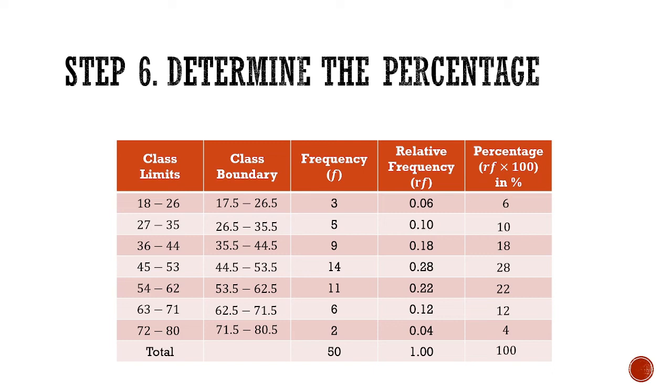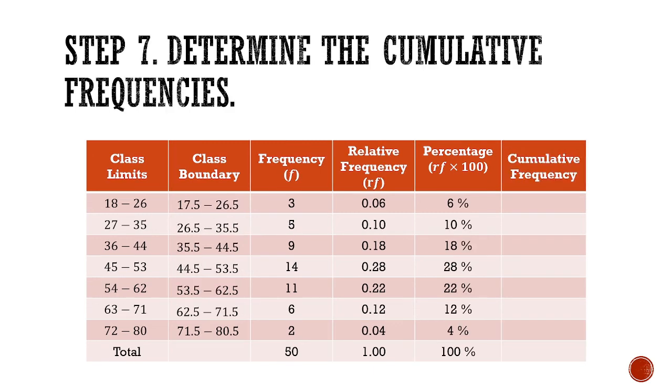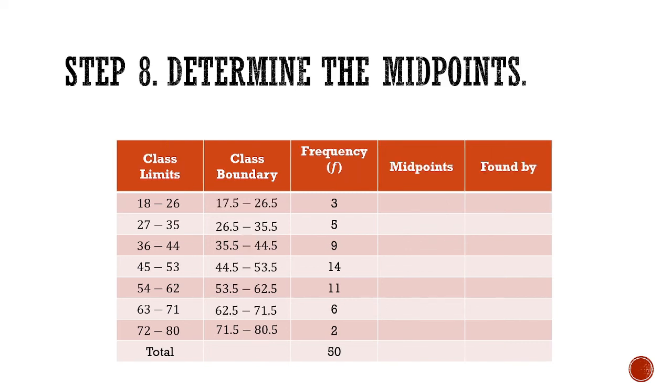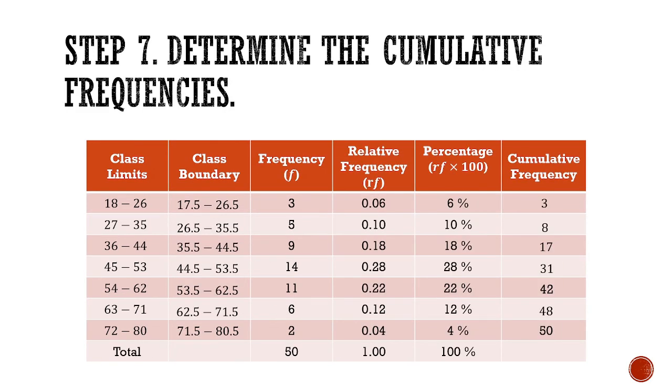And for the last part, I think we need to determine the cumulative frequency. By cumulative frequency, we will just be adding the frequency towards the upper limit or the highest upper limit. So, it will look like this. So, paano nangyari yun? Teka, balikan natin. So, basta na lang lumabas eh.